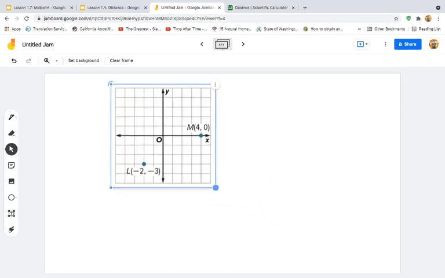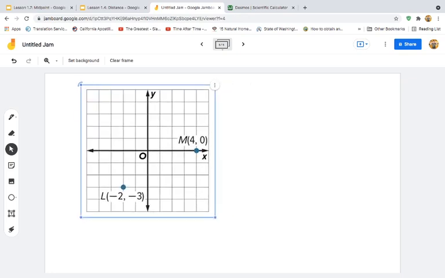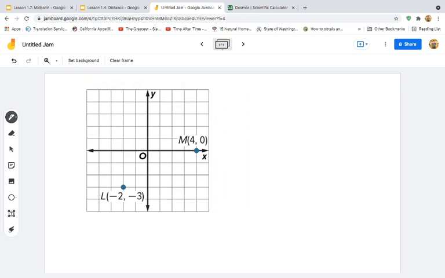Okay. Now again, it does not matter which method you use to solve this. You can use the Pythagorean theorem, just like we did on the last problem, or you can use the distance formula. I'm going to go ahead and use the distance formula because it's a little more versatile. You can use it for all problems, whereas with the Pythagorean theorem you're a little limited.